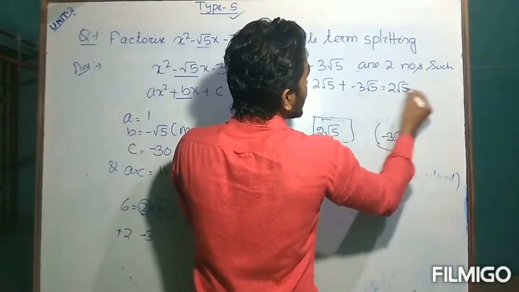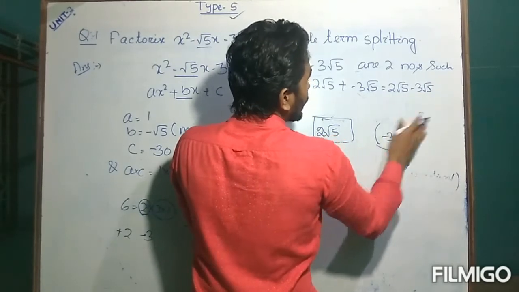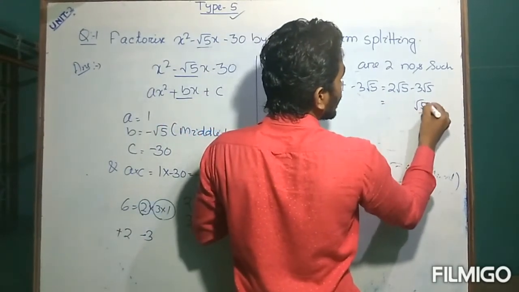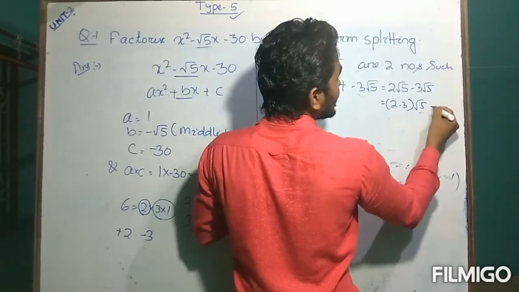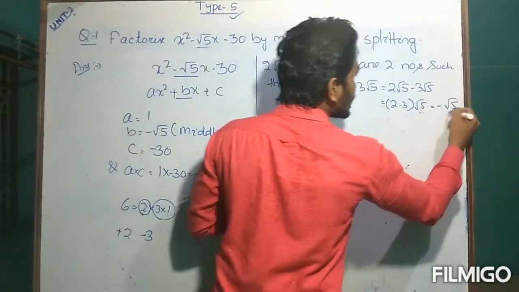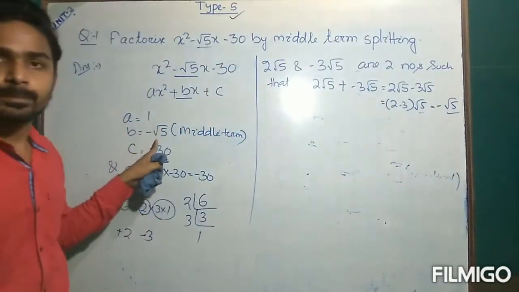How can you do this? You have to take root 5 as common. 2 minus 3 is minus 1. Minus 1 into root 5 is minus root 5. See, their addition gives minus root 5.